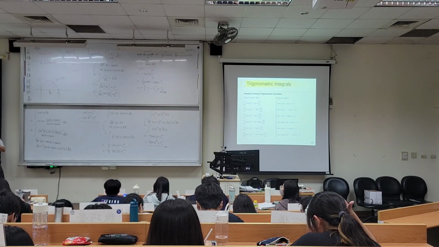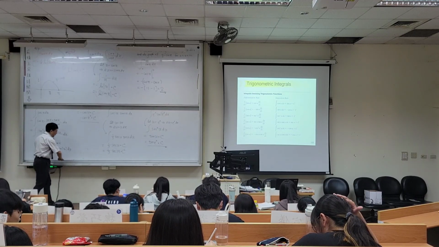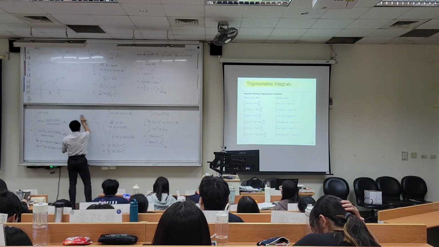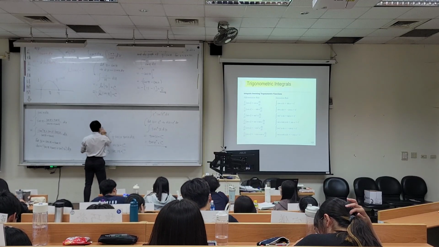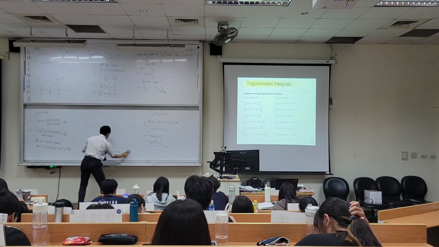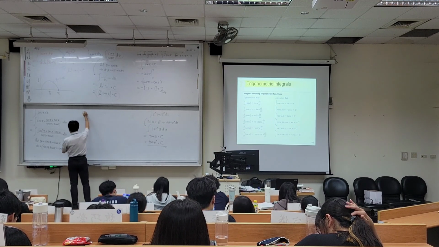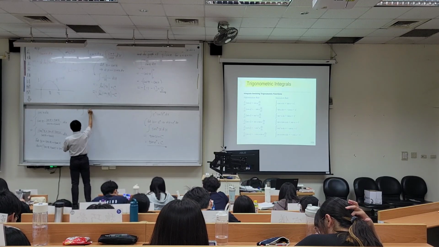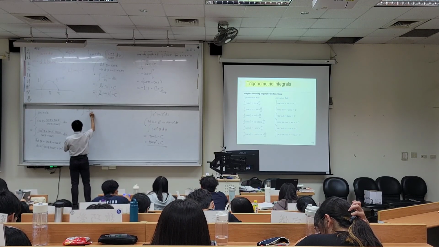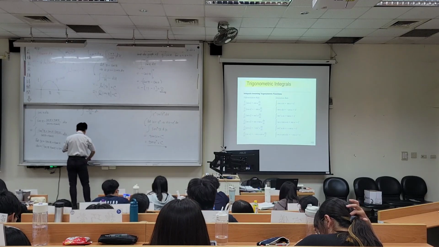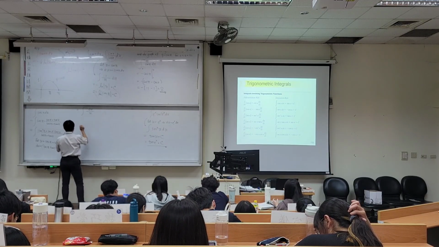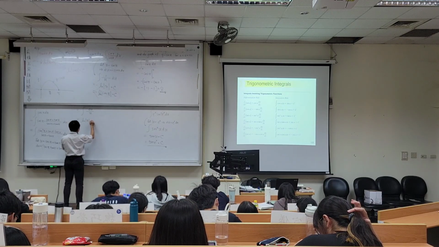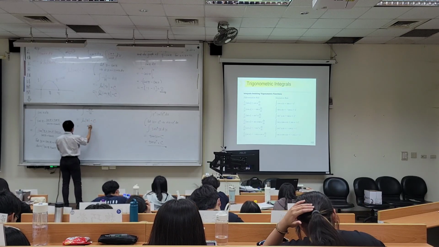So we get the integral of du over u, which equals natural log of the absolute value of u plus c, a constant.